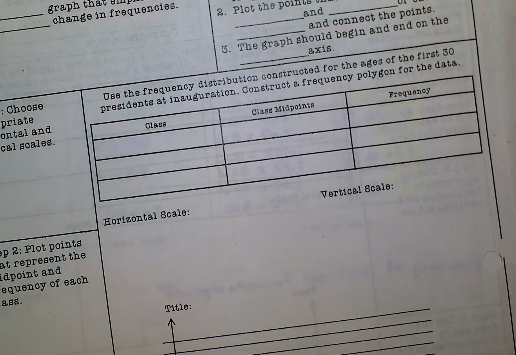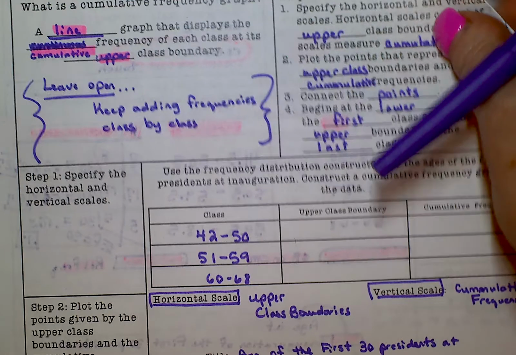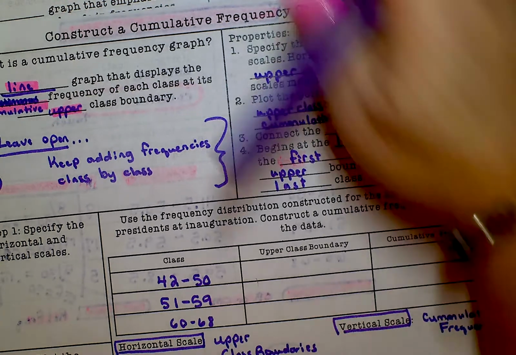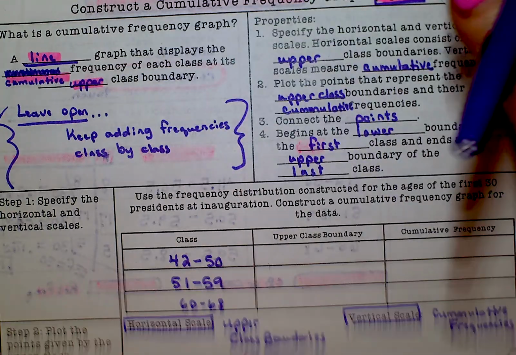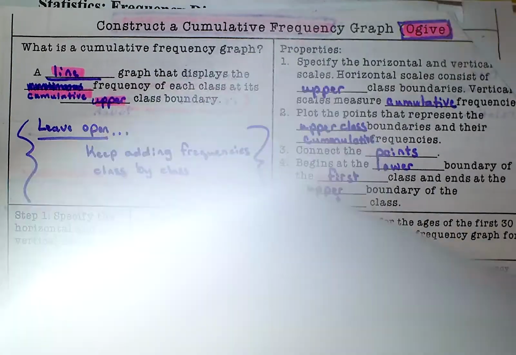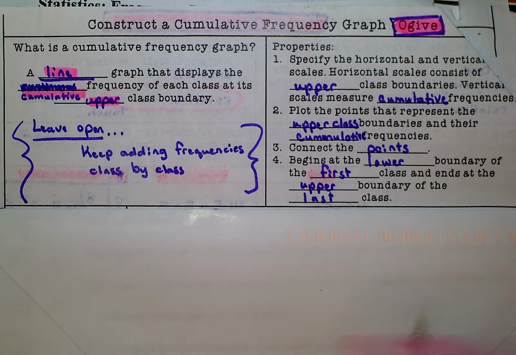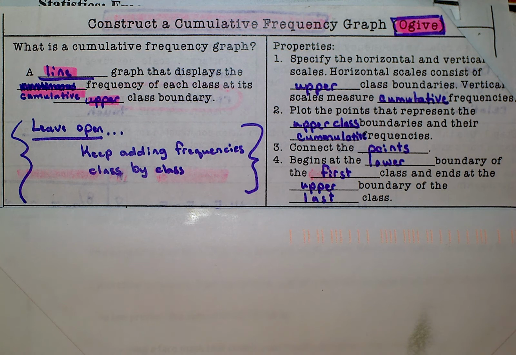Okay, going to the next portion. The next portion deals with the ogive. Let's go to it next. If that's not the next one in your notes, if you'll just jump ahead to the ogive with me. Now I'm going to read all this out and then we're going to put it together, okay? An ogive is going to be a line graph.